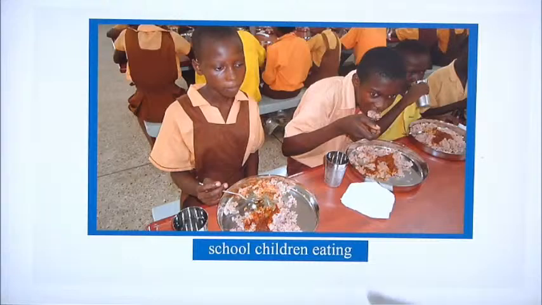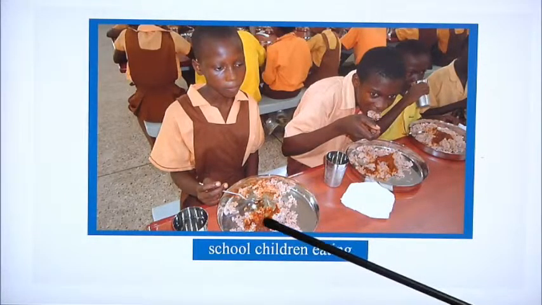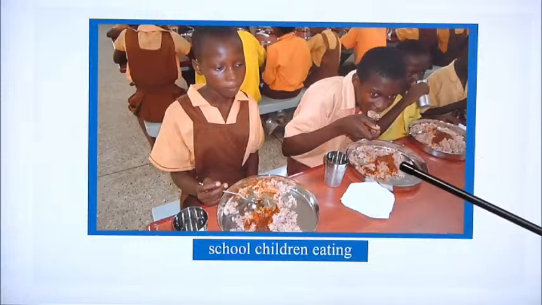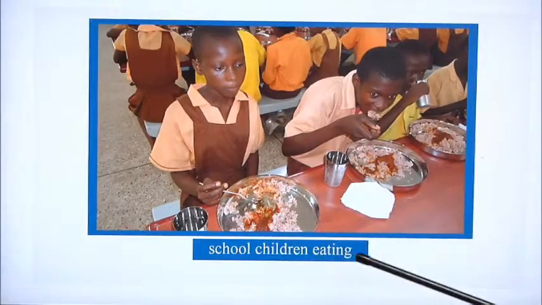Medicinal. Now let's look at the stew. What do we use in making the stew? We have tomatoes, pepper, onion, oil, and sometimes others use what? Spices to make the food tasty, to make it taste well. School children eating.